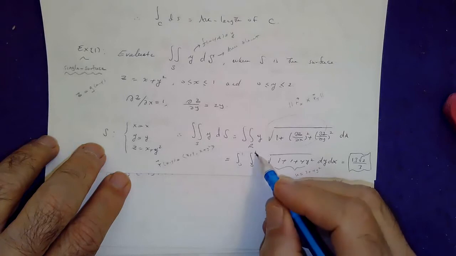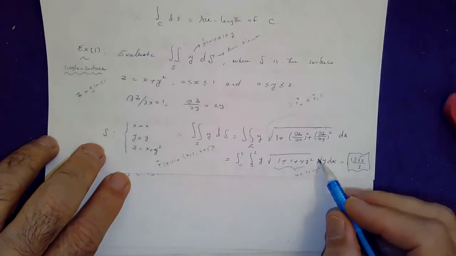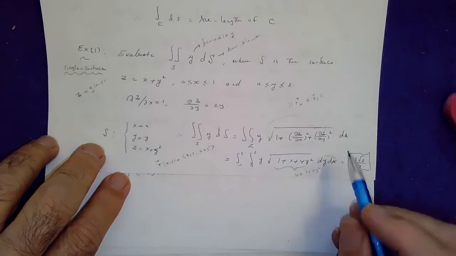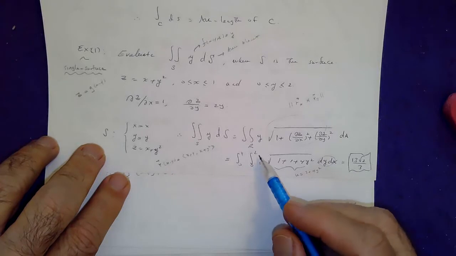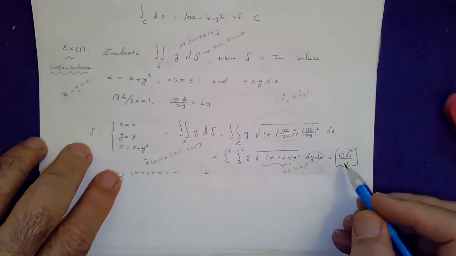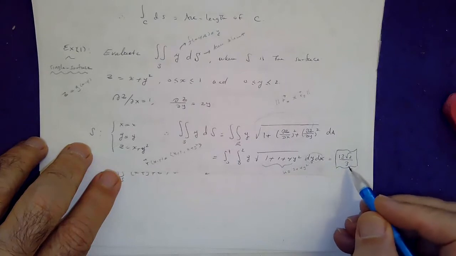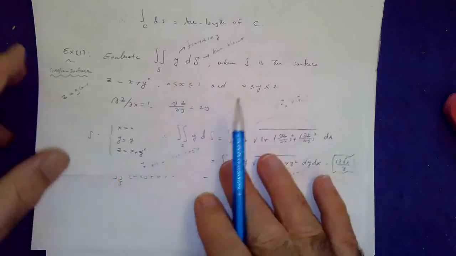You can evaluate this between 0 and 2 and 0 and 1. And it looks like the order of integration doesn't matter in this case because you happen to be on a rectangle, correct? That's why the limits are constant. So at the end of the day, you get 13 square root of 2 over 3 for the answer for this surface integral. Do you see it?